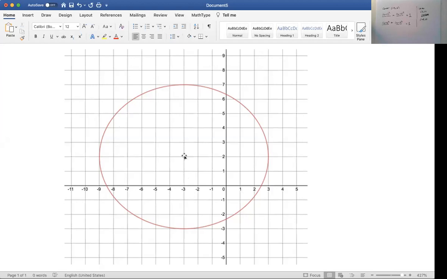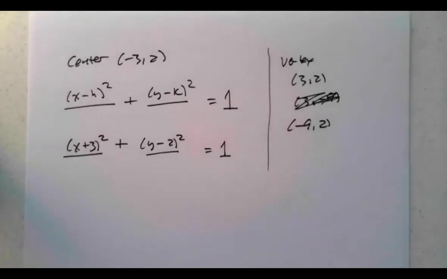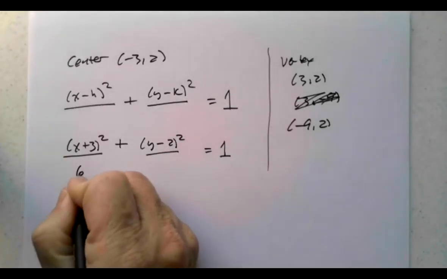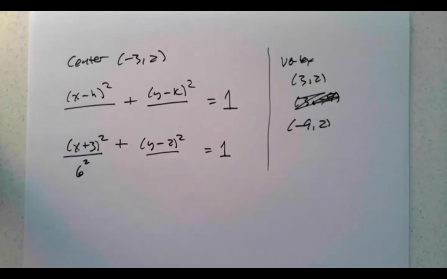Let's count to get to a vertex: 1, 2, 3, 4, 5, 6 in that direction. Count in the other direction: 1, 2, 3, 4, 5, 6. So therefore my span in the x direction is 6. In the x direction, it's going to be 6 squared here.